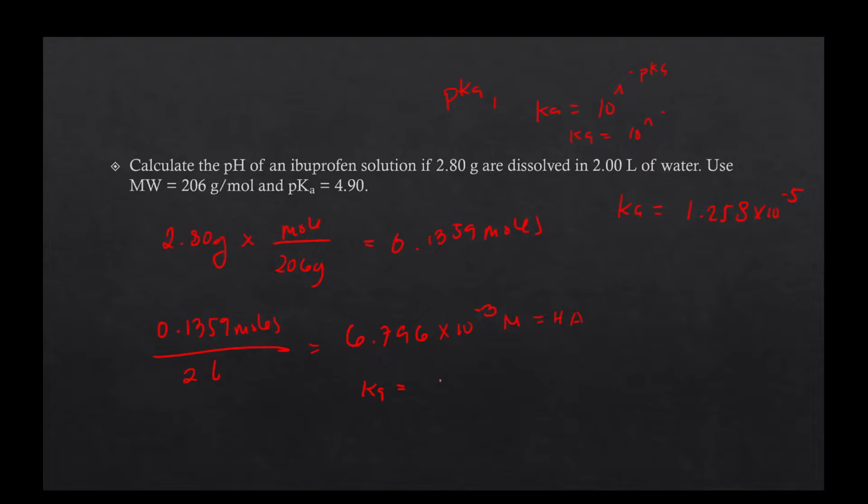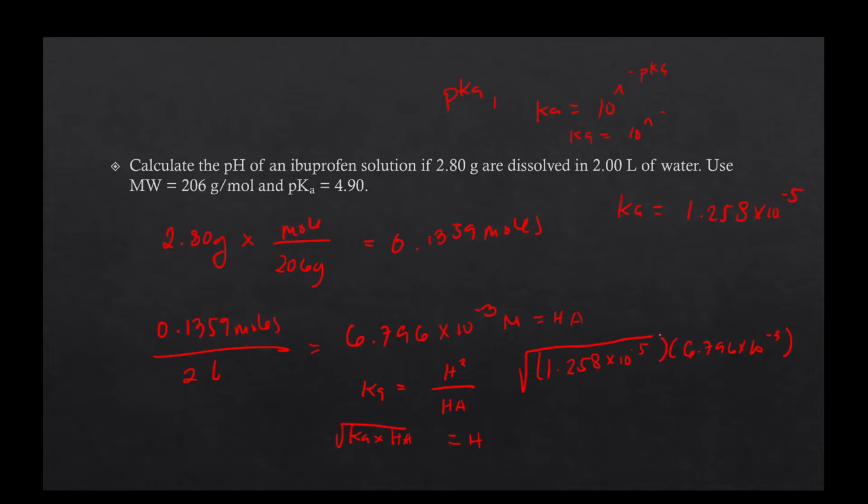Ka equals H squared over HA. So Ka times HA, square root of answer equals H. So 1.258 times 10 to the negative fifth, this is Ka, multiplied by HA, which is 6.796 times 10 to the negative third.